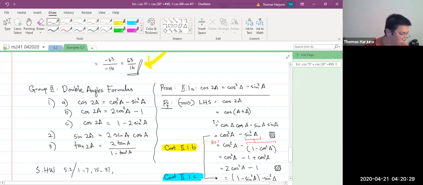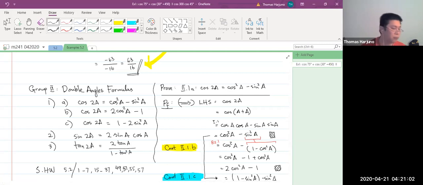And then some proofs. I would like you to do some proofs: number 49, 51, 55, and 57, and I think that's it.